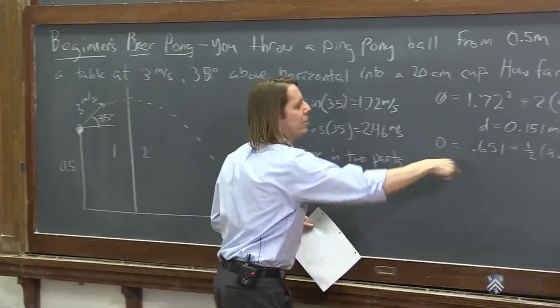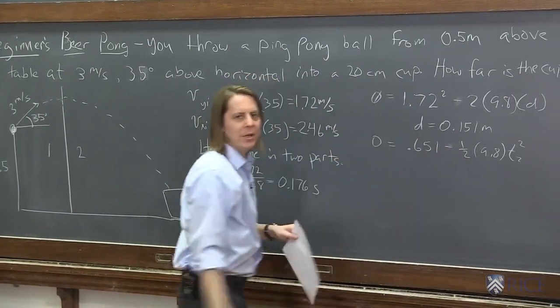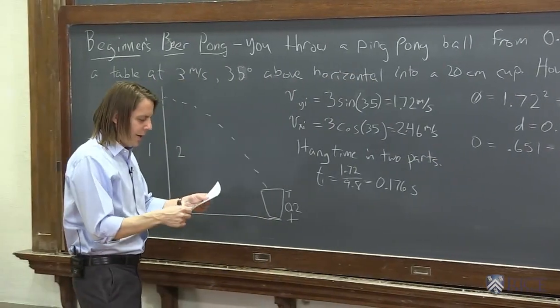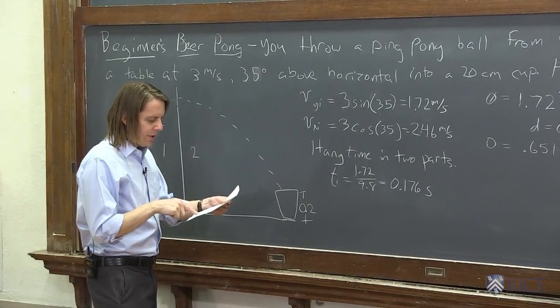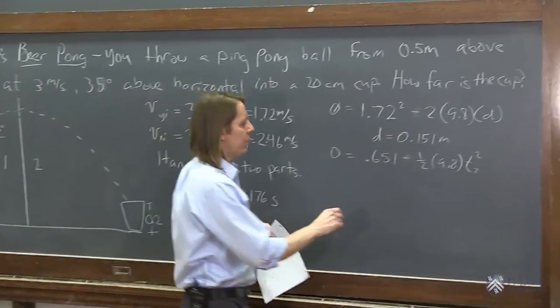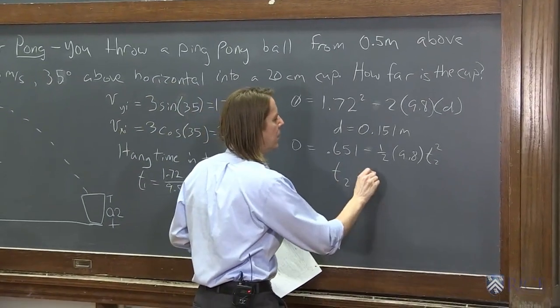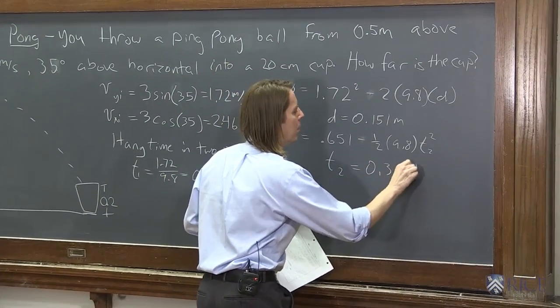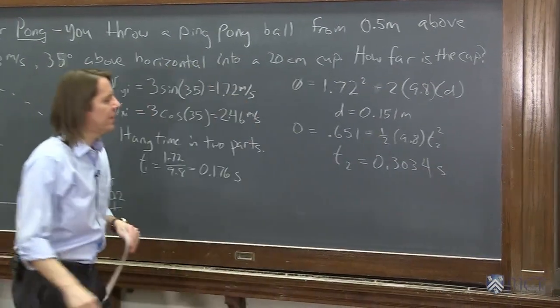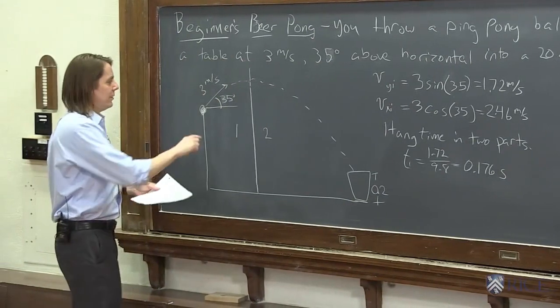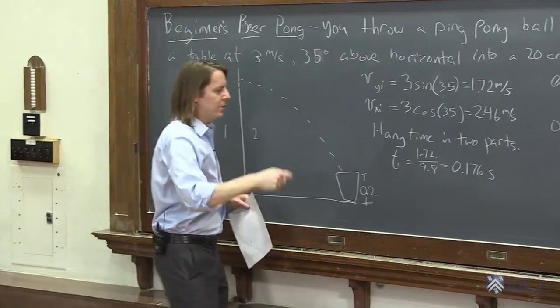We bring this over, divide by 9.8, take the square root, and if you work all that out, T2 is 0.3034 seconds.